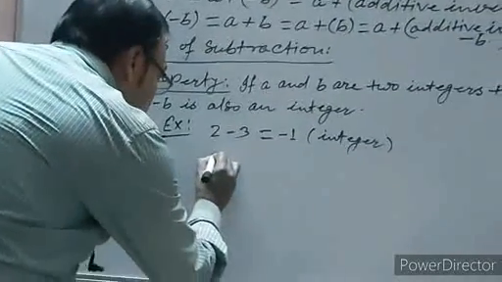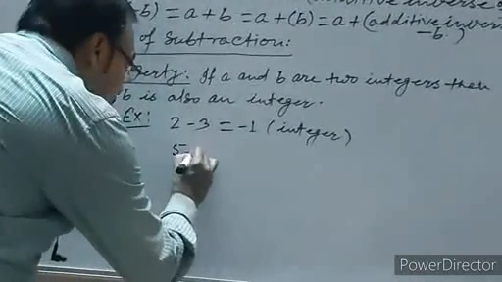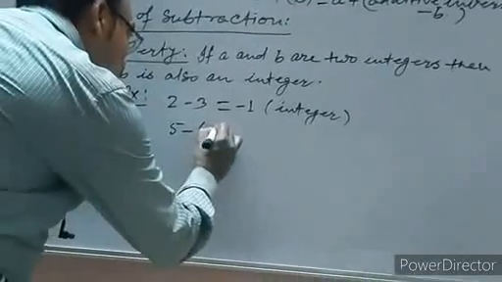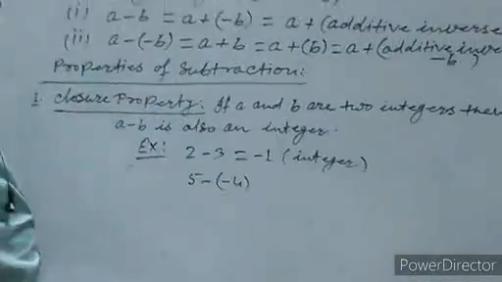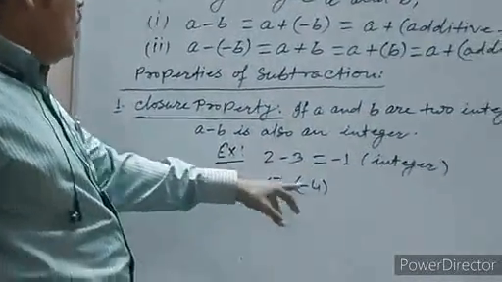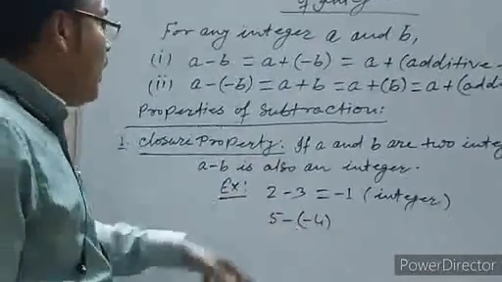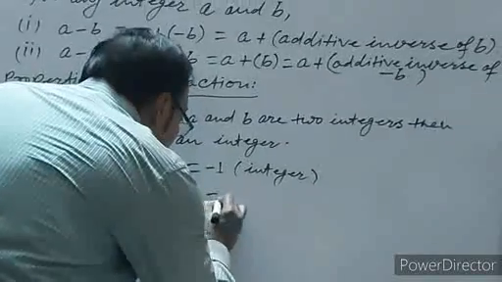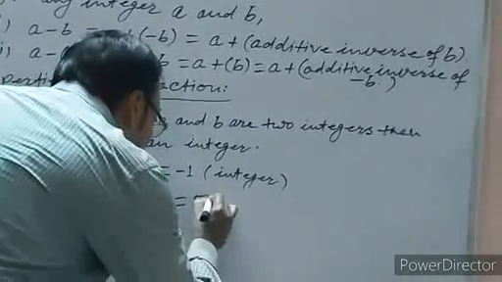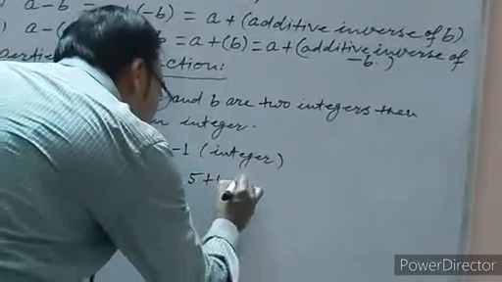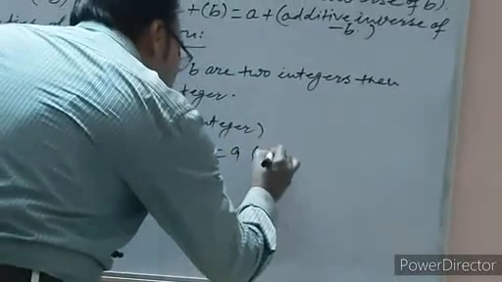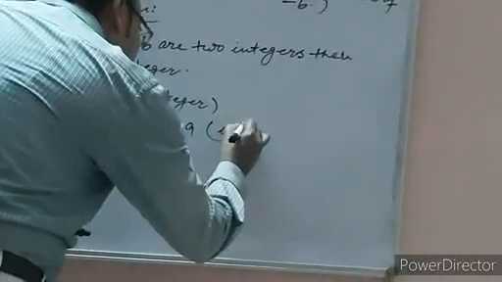Again, 5 minus minus 4. Here we have to subtract minus 4 from 5. Then we get 5 minus minus 4 equal to 5 plus 4 equal to 9. 9 is also an integer.